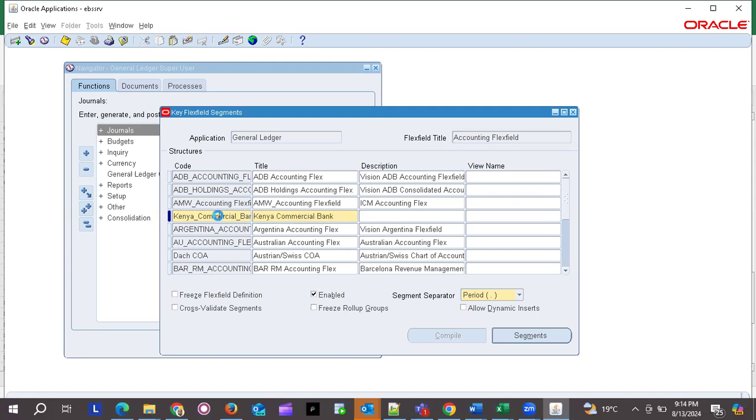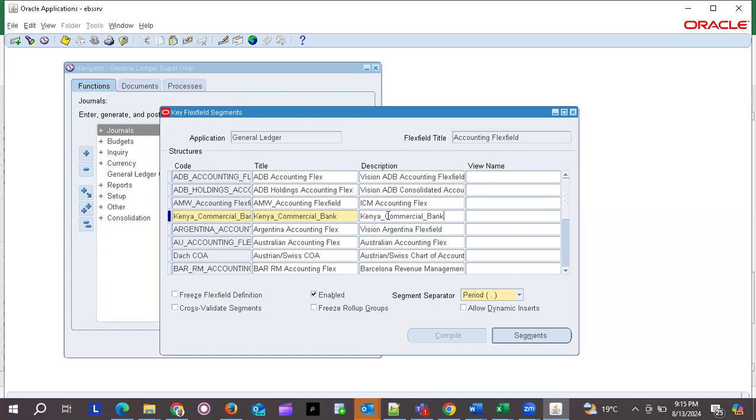Once you tap, the same information should go to the title field, but I have to copy because we had already tapped. And also you can give the structure description or structure name description. It could be Kenya Commercial.